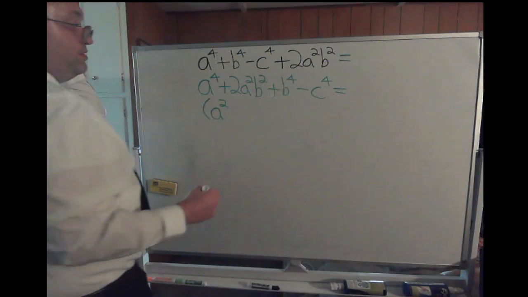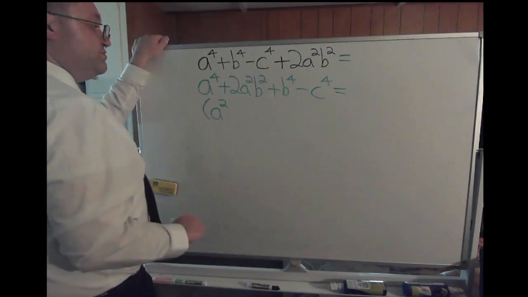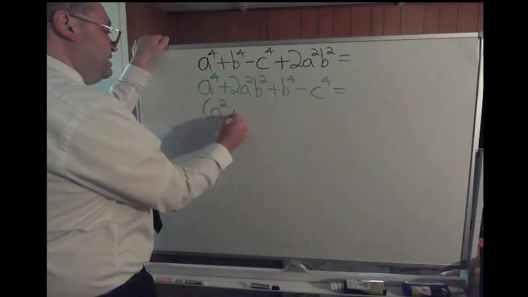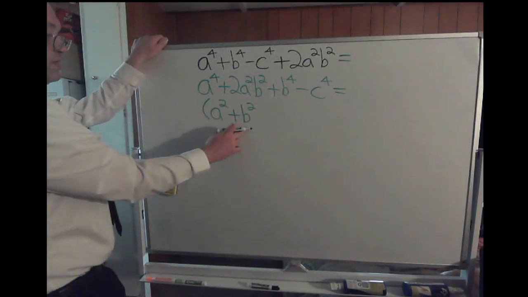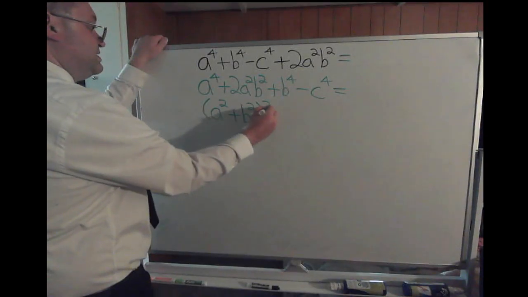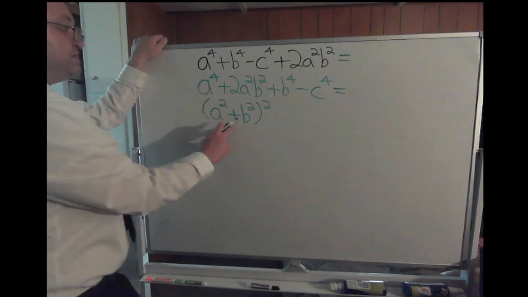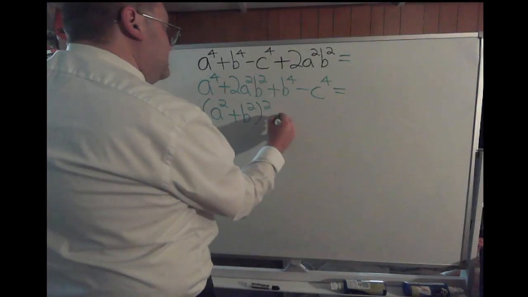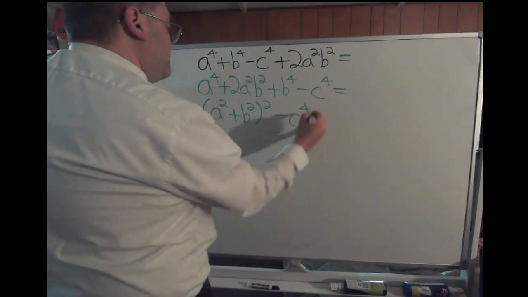Since we have a positive for the middle term, we need a positive square root of b to the 4th, well, that'd be b squared. And if you take 2 times a squared times b squared, you get 2a squared b squared. So yes, this was a perfect square trinomial. You get a squared plus b squared, that quantity to the 2nd power minus c to the 4th.